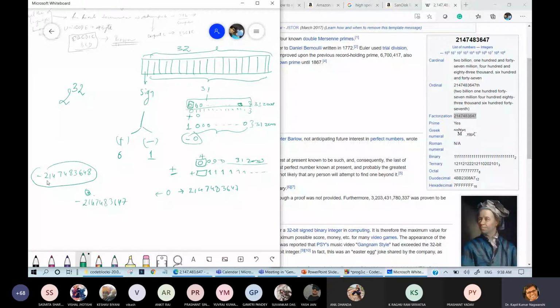Whenever we follow the 32-bit number range, it is from -2147483648 to, because 0 is in the positive domain, that's why the positive side has one number less than the negative side, and the final positive number is 2147483647. Clear? Any doubt?